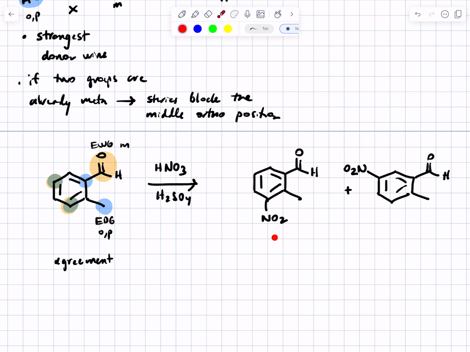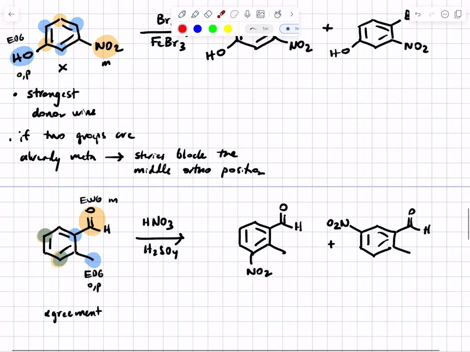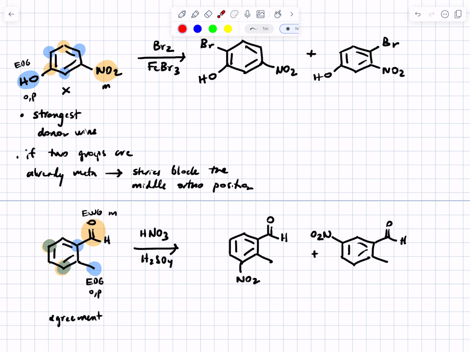Now, some of you are going to look at that and say, what the heck, you just told us not to do that. And the answer is, I didn't tell you not to do that, you just memorized it wrong, okay? Remember, if two groups are already meta to each other, we don't substitute at the middle ortho position that's in between them. How is that different from this situation?